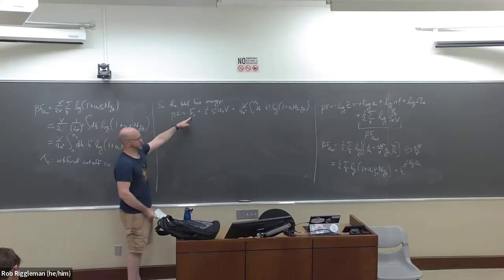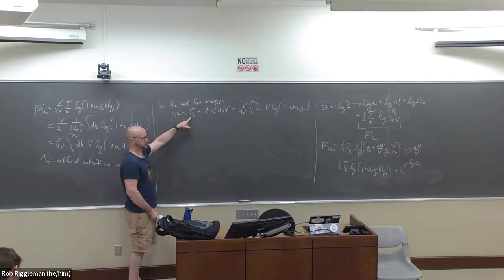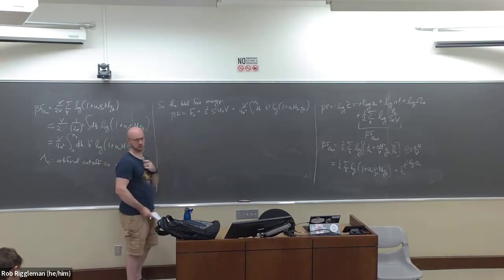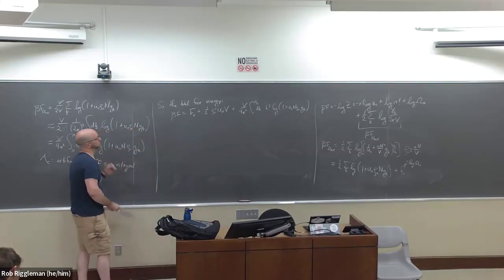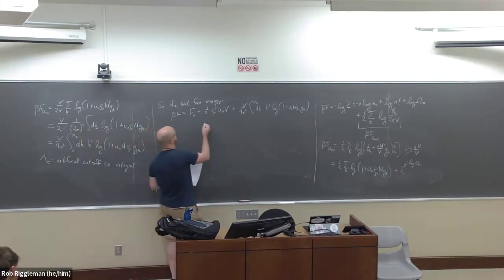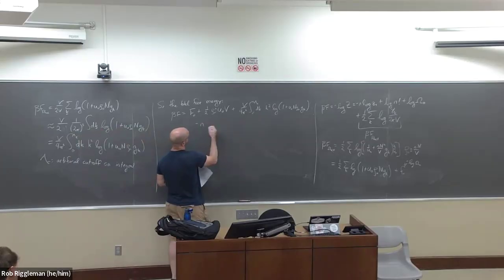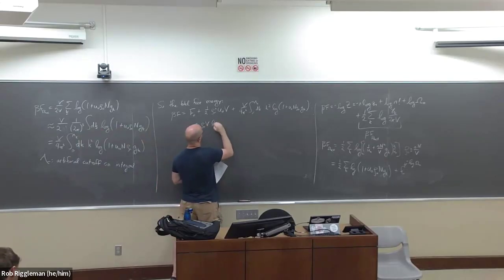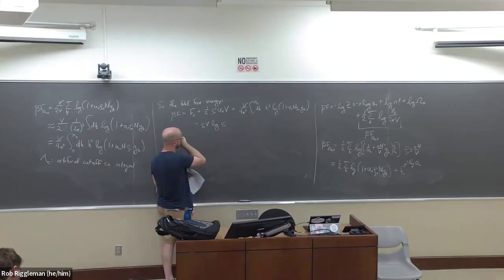And I guess F0 also has the n log n over v term, the entropy of mixing term. Maybe let me just write that out. There's also a minus n, but not v log rho naught, I think.